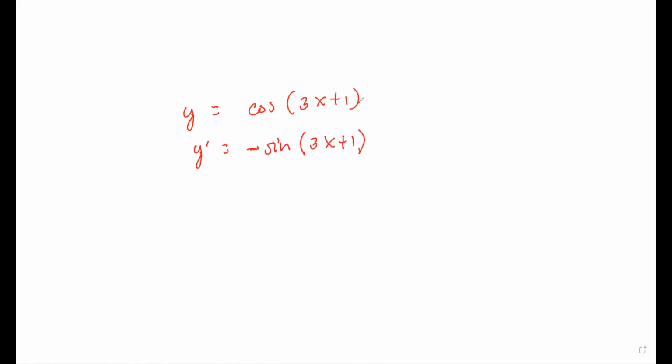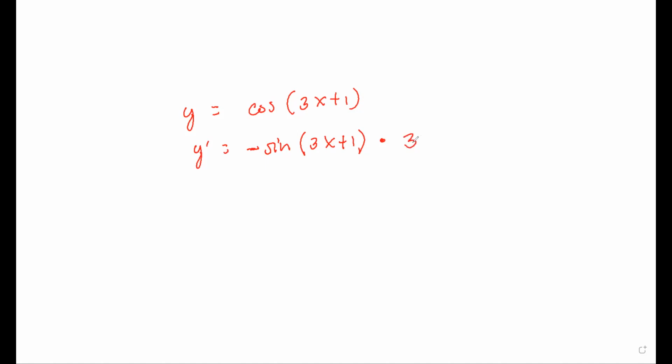Kaya lang, di tayo natatapos doon. Kasi nga, dati-dati, isang variable lang, or isa lang yung function, x lang or y lang. But this time, meron ka na ngayong ibang kasama dito. That's why, ito yung gamit ng chain rule. So, negative sine of this one, multiplied ngayon, yung buo, times the derivative of 3x plus 1, which is equal to 3.